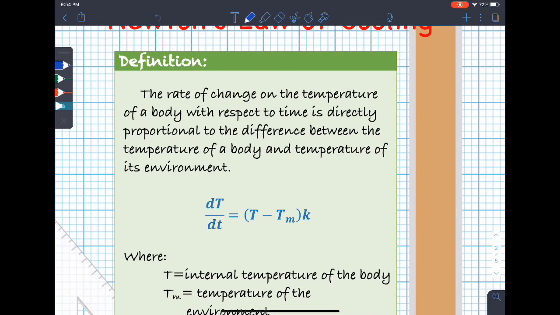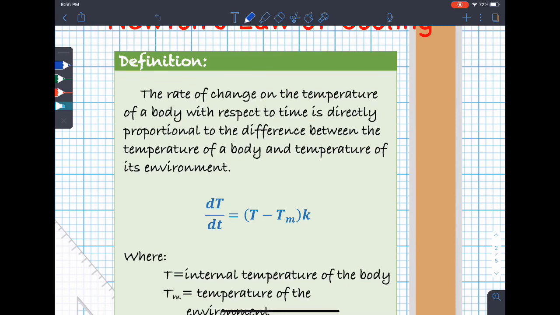Similarly, there is a limit on the increase of the temperature of the body, and that limit is the temperature of its environment. The body could not warm up to a temperature greater than that of its environment. So we have to take note of that.